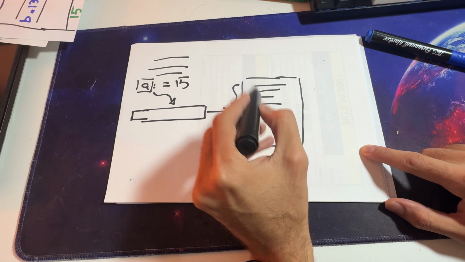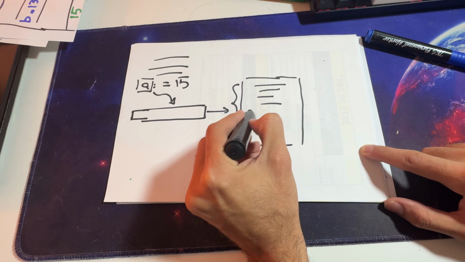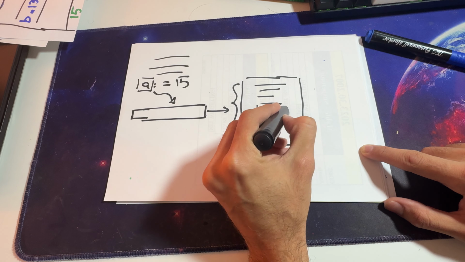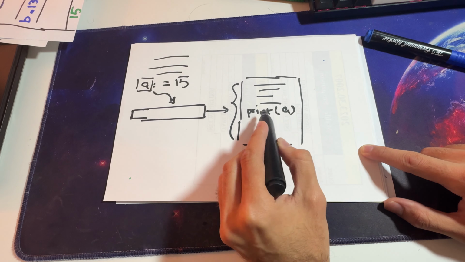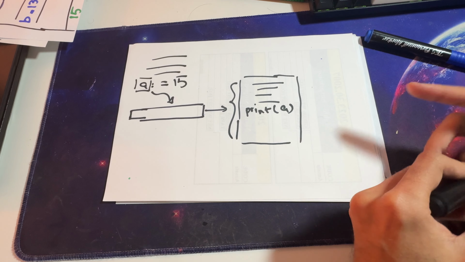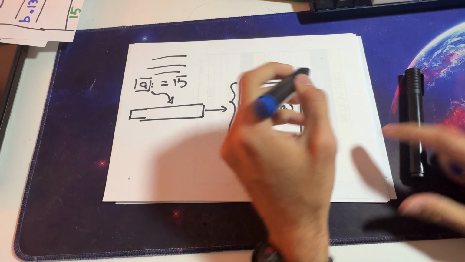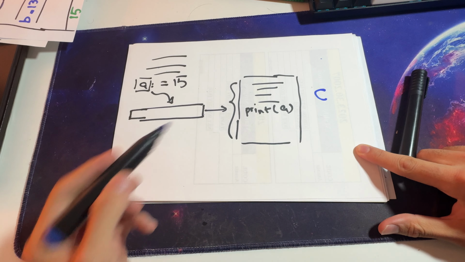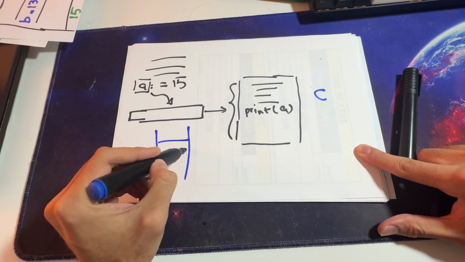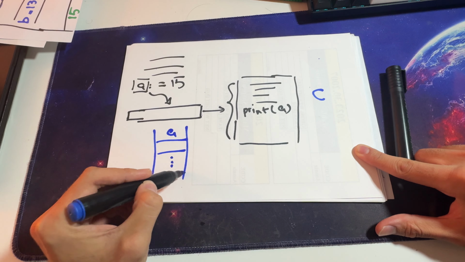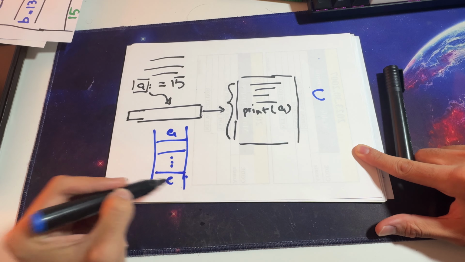And when a is called here, for example, it says print a. Well, this a is not the same as this one. This a acts as a c, for example, as another c. There is a c, and they are not related in the memory. For example, if we draw something here, a is here, and in some other random place there is c. Now if a change is applied to the variable c, the variable a will not be touched. Sometimes it's a good thing and sometimes it's not.